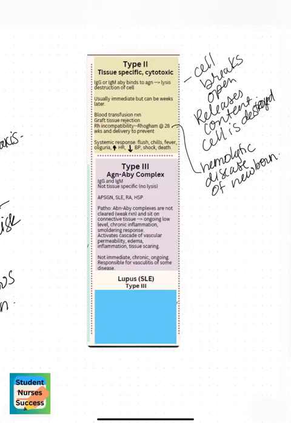But in these particular cases, these antigen antibody complexes are not cleared and they remain together. So it's almost like a weak reaction. The problem is these antigen antibody complexes sit on the connective tissue and they smolder.